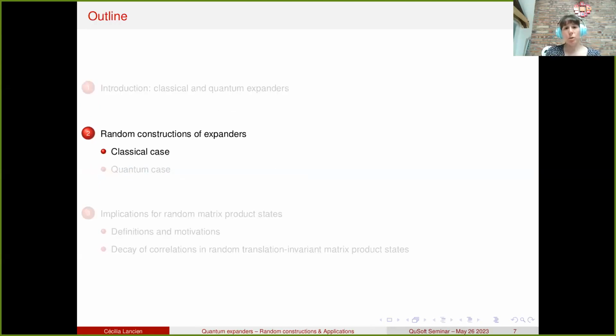So again, I will start with a very brief recap of what is known in the classical case, because classically it's a problem that's been studied for much longer than quantumly, and a lot of things are already very well known, giving us an idea of the ultimate goal that we could achieve also in the quantum case.